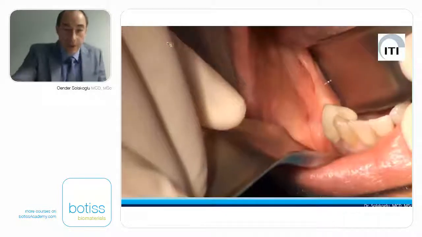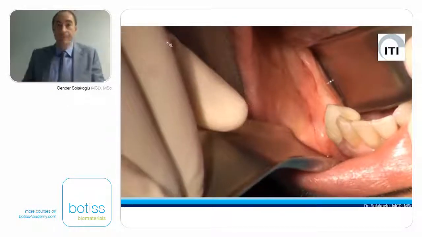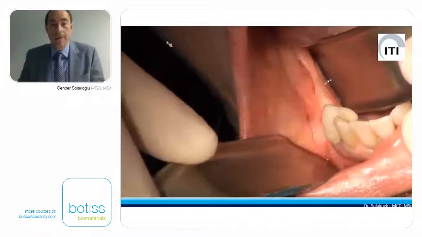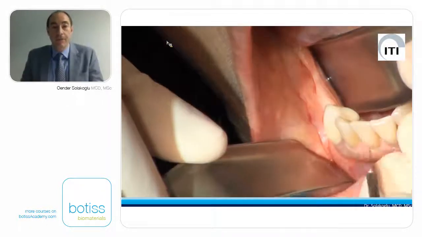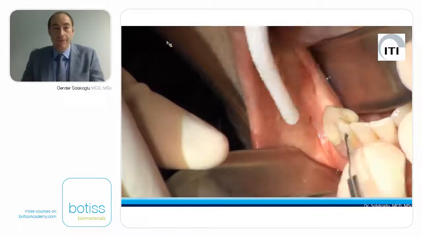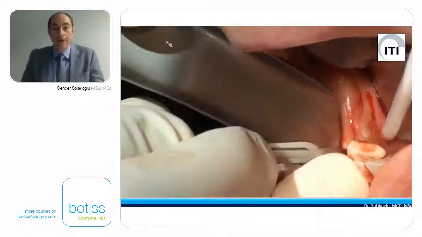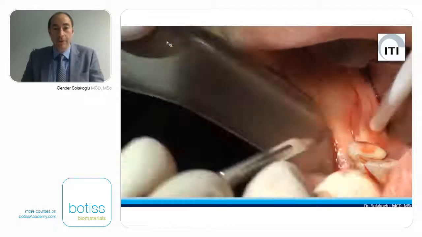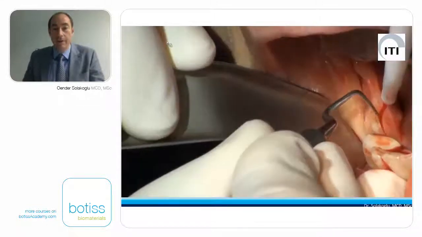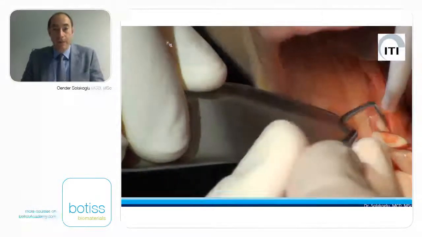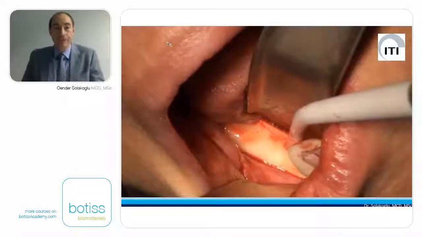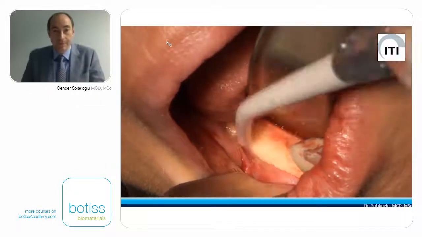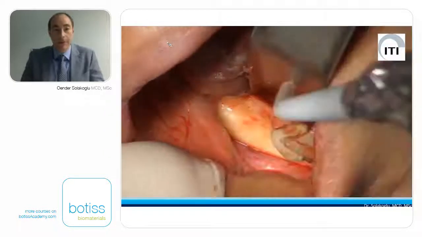So we have looked at the surgery. We can see the easy handling of this material after lifting a mucoperiosteal flap carefully. We have a look at the bone tissue, and because it looks extremely thin here.